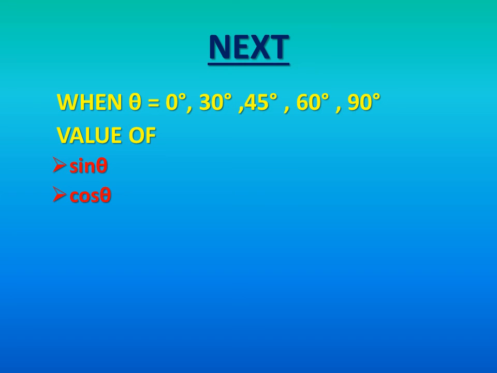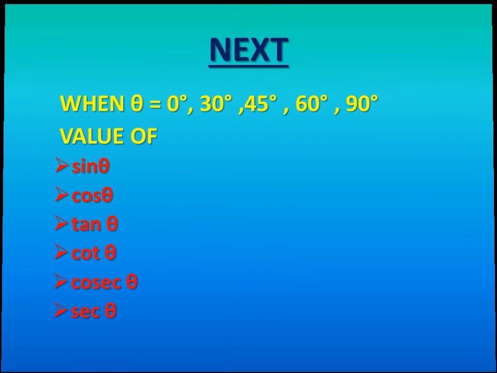There will be different values. When theta is 60 degree, what will be the value of cos 60 degree, that we will find out in the next videos, and from that we can find out the other 4 values, that is tan theta, cot theta, cosec theta and sec theta. If we get to know the value of sine theta and cos theta, we can find out the value of the other four, that is tan, cot, cosec and sec.